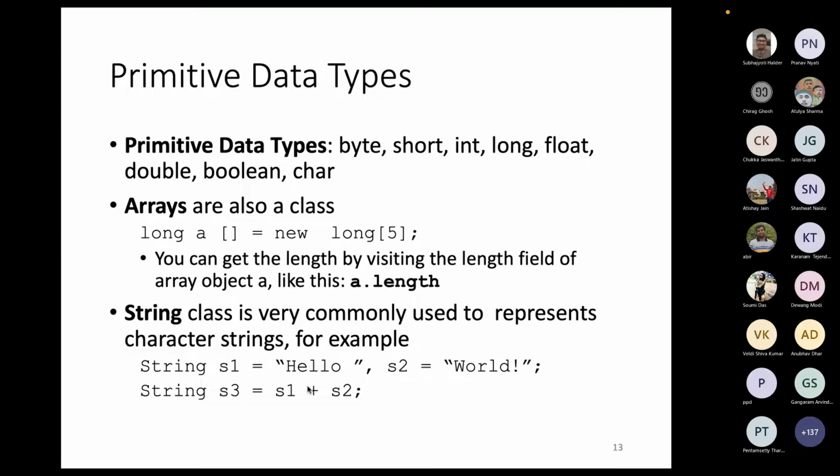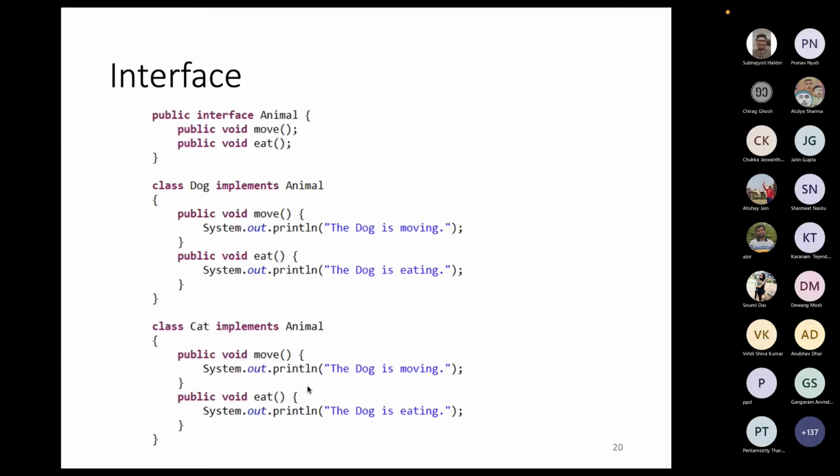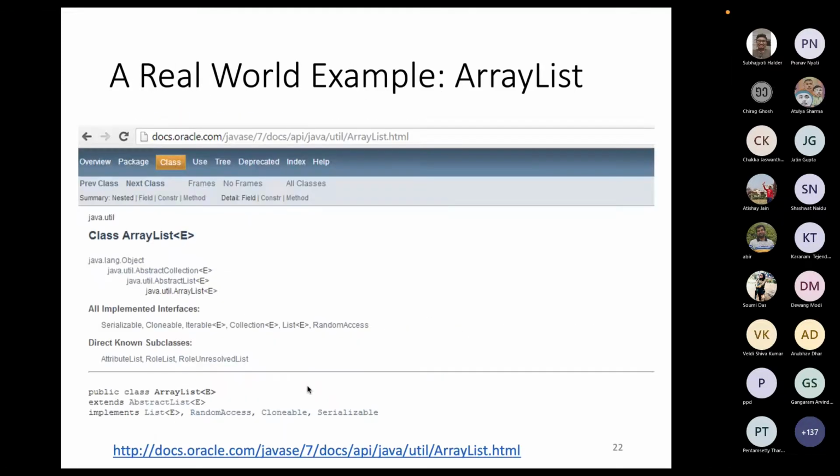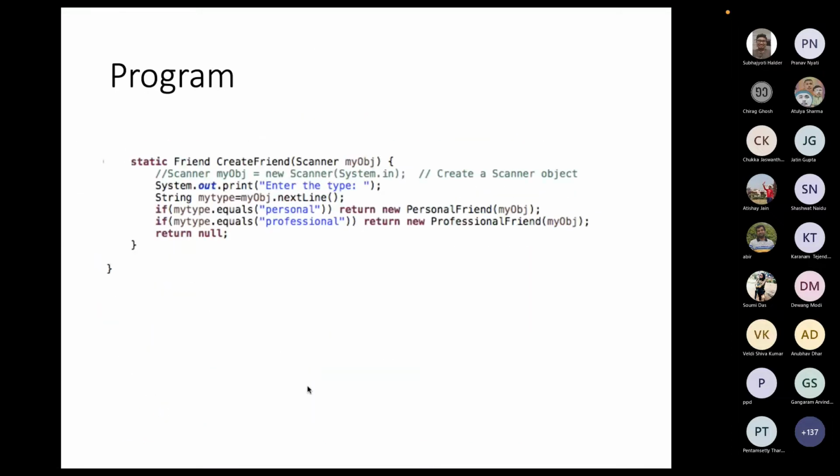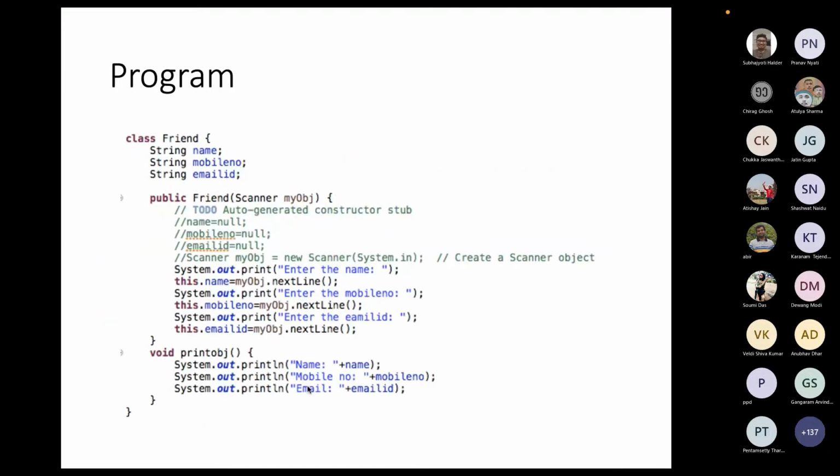Excuse me, sir. In the code you have written this dot name somewhere, and in others you have just mentioned name. So both are the same. For example, here I have used name, but I could have also used this dot name here. They will refer to the same.